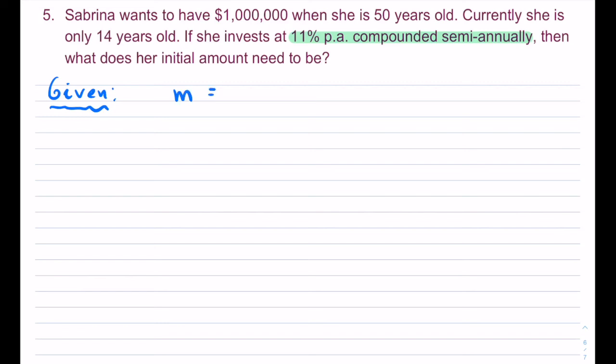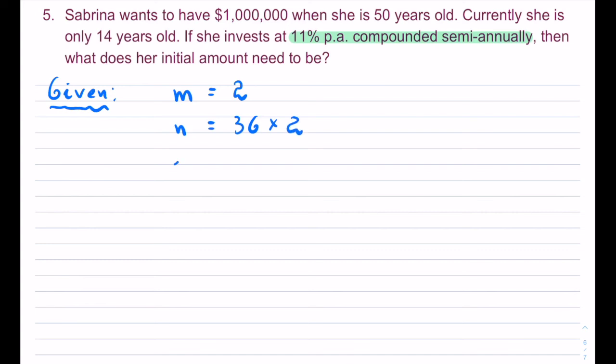We're compounding semi-annually, so that is twice per year. Our n, so notice we need to know how many years multiplied by m. Now, we're going from 14 to 50. So if you subtract that, that is 36 years multiplied by 2.